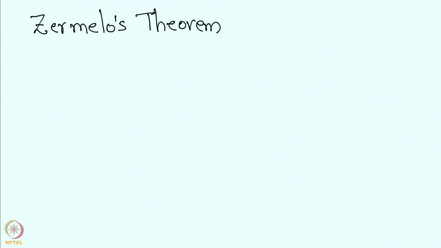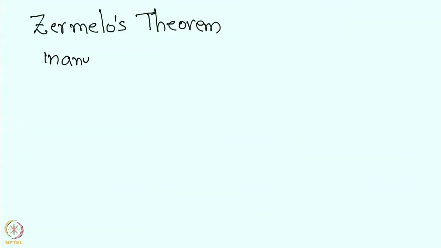We will discuss Zermelo's theorem, which tells us that in any game of the kind we have been discussing, either the first player has a winning strategy, or the second player has a winning strategy, or there is a draw.